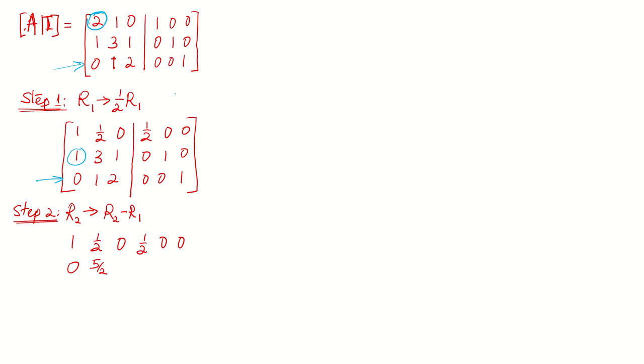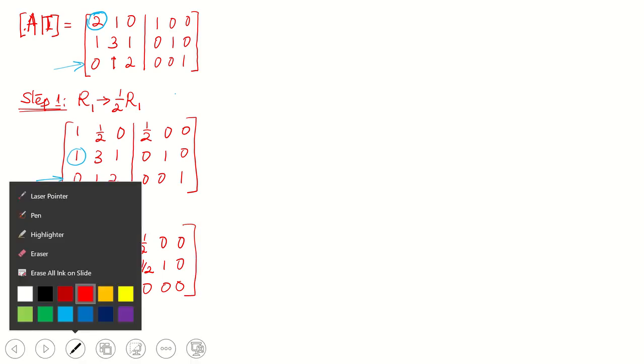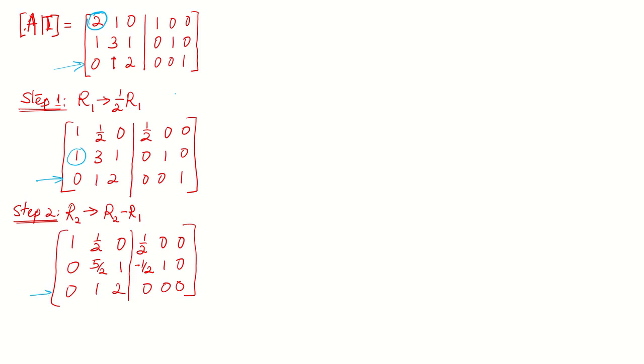Then 1 minus 0 is 1. 0 minus half is minus half. 1 minus 0 is 1. 0 minus 0 is 0. The third row will remain the same: 0, 1, 2, 0, 0, 1. So here is the vertical line and we have the matrix. We've achieved our goal of making all the elements under the pivot become 0. Fantastic.